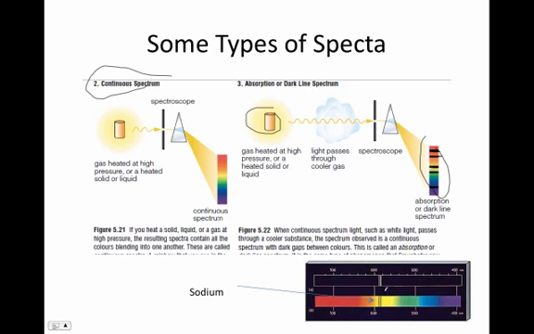For example, we can do this with sodium, and sodium looks like this. It leaves a fingerprint on the colors of the rainbow or the continuous spectrum, showing that sodium will absorb this particular area in the yellow.